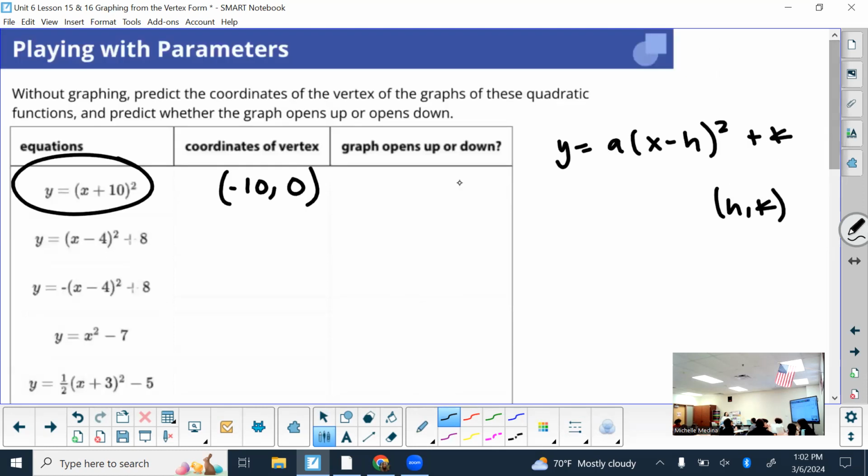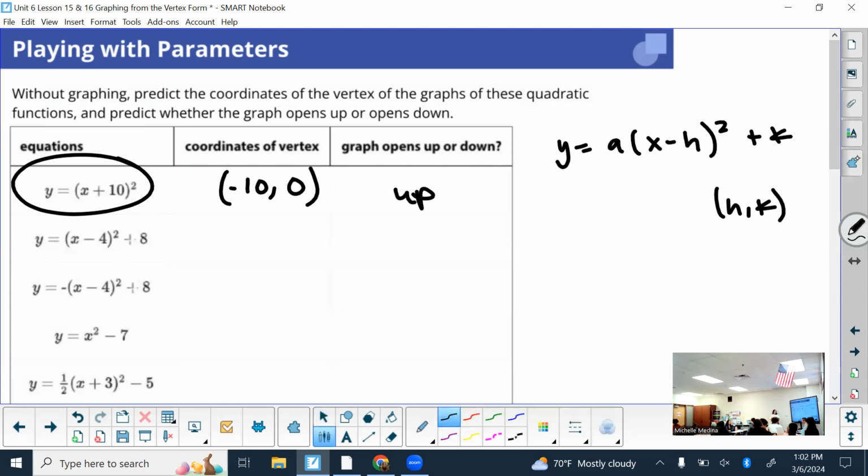All right, table 6, does this one open up or down? Up. Because the A is positive, there's nothing written for the A. So it's a positive 1, it opens up. All right, table 1, so whoever was the reporter last, let's go 1 to the left.